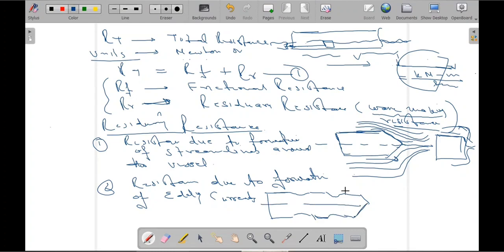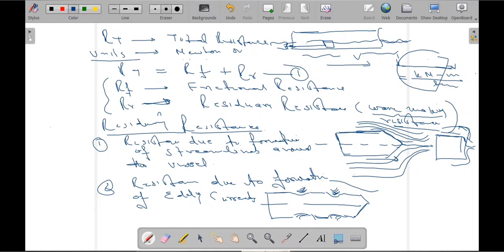This is again the center line. These are the eddies, because the water will flow like this. This is eddy currents. Similarly here. So this is the resistance because of formation of eddies or eddy currents as we call it. This is the second component of the residuary resistance.